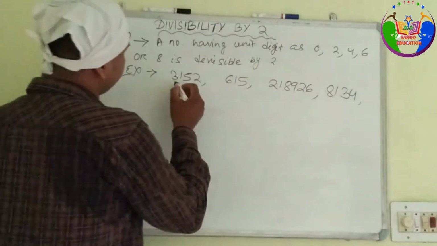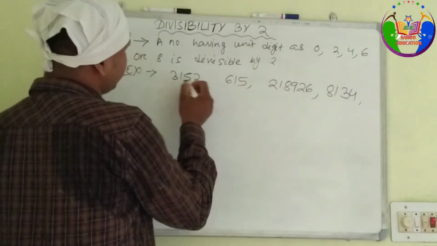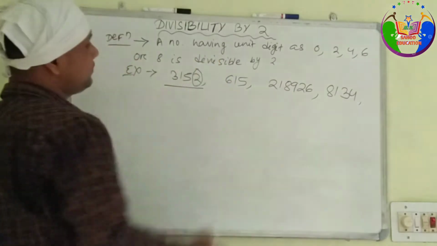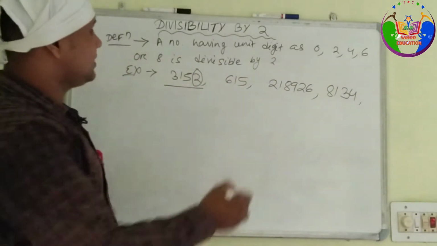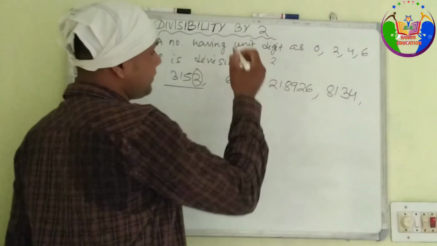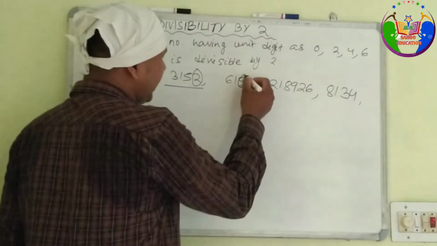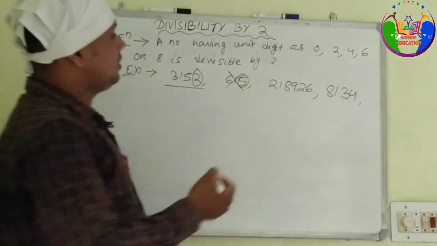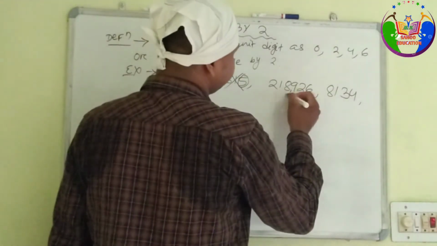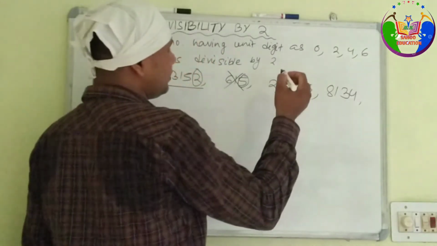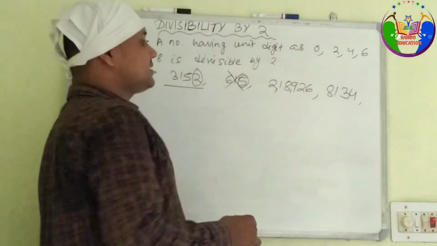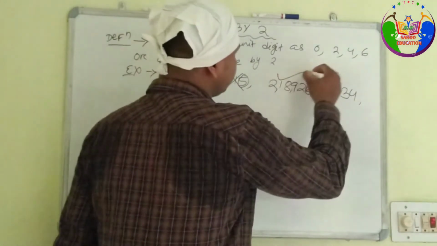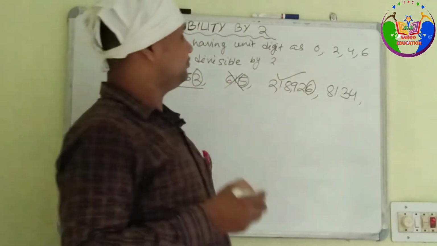So here, in the first number, 3152, the unit digit is 2, so this is divisible by 2. But the second number, 615, has unit digit 5, so it's never divisible by 2. Another one we'll see: 2,18,926, here the unit digit is 6, so this is divisible by 2.